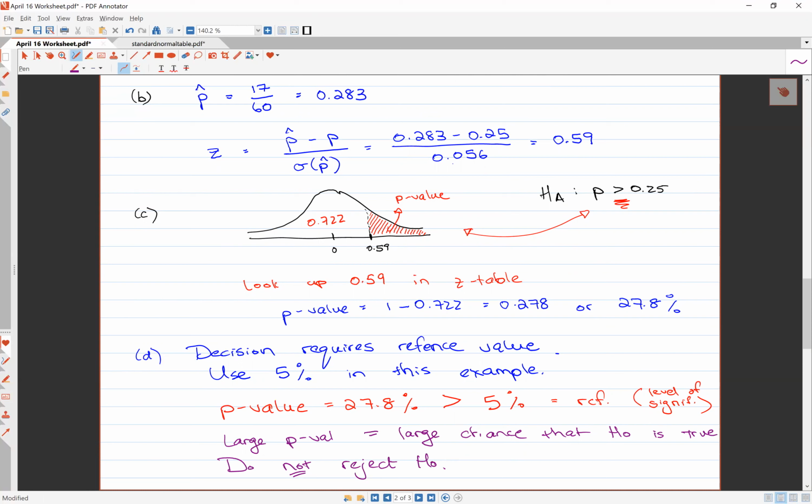This is just a quirk of how we formulate our conclusions. We never say that we accept the null hypothesis. We either reject it or we do not reject it. That is the equivalent of, in a criminal proceeding, a defendant being found either guilty or not guilty. They're never found innocent.